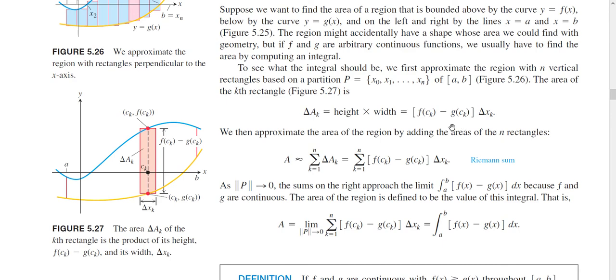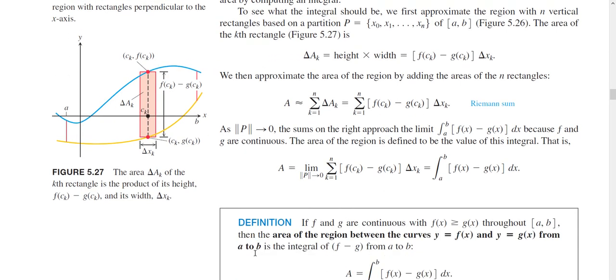So height is f of c_k minus g of c_k, and width here is delta x_k. So this is the area of one rectangle. Now adding all such rectangles, we'll have the approximate area of this region bounded by these curves, and x is equal to a and x is equal to b.